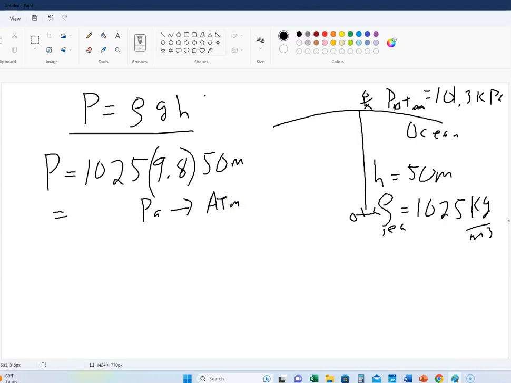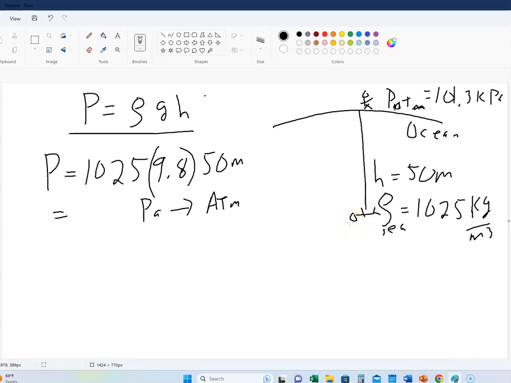Keep in mind, at the surface, it's true that you do experience this 101.3 kilopascals. That's absolutely true at the surface of the ocean, but we don't really feel that because our bodies have that same pressure inside. But when you get into the ocean, you really feel that crushing.